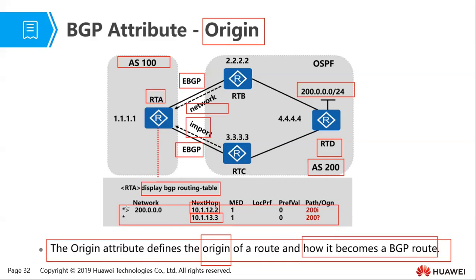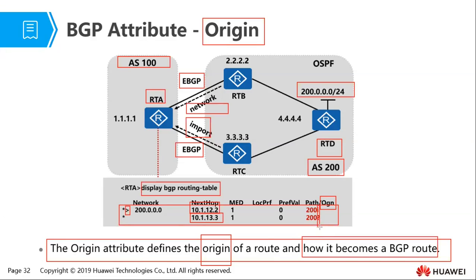Now you can see from the status code here, this one has a greater than sign, meaning it's best. Both of them are valid, so the star means valid, but this one is the best. So how does it determine which one is best? It is determined by checking the origin.